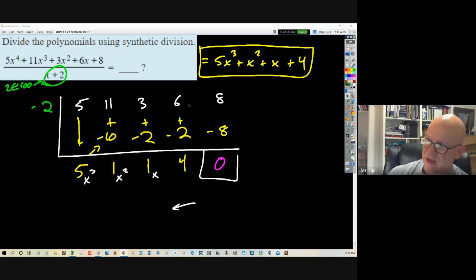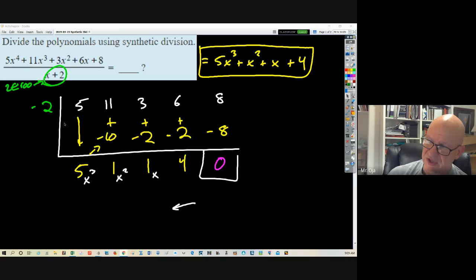And then to the right, inside the bracket, the top row would just correspond to all the coefficients of x, starting with the biggest power of x and ending with the smallest power of x. If you are missing a term, then you have to have a 0 coefficient for that power of x. In this case, we're not, though. So we would have 5, 11, 3, 6, and 8.